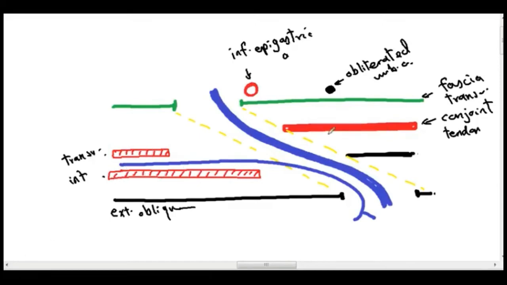The two fibers form the conjoint tendon, and this is the reflected part of inguinal ligament. And most posterior we have this fascia transversalis and the deep inguinal ring. Of course, in male, this is spermatic cord through deep ring to superficial ring like this, and this is the ilioinguinal nerve.